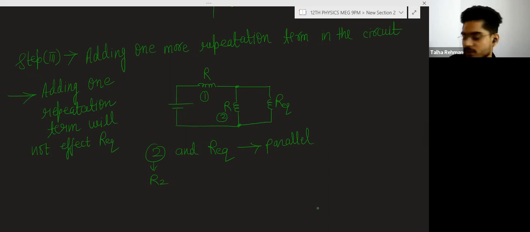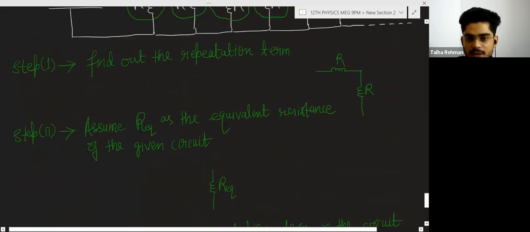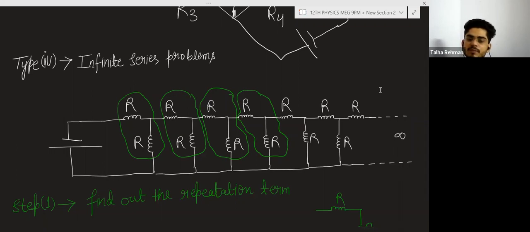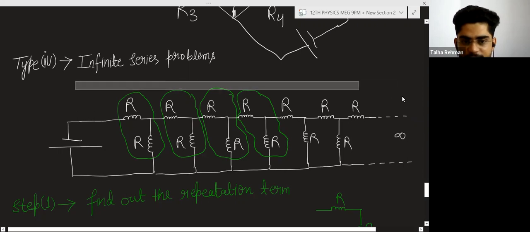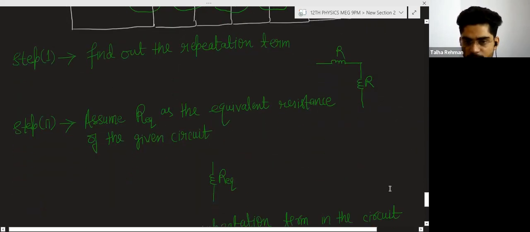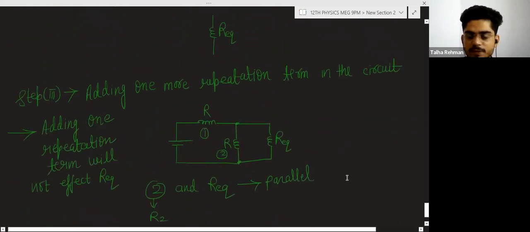If there are infinite repetition terms connected, this is an infinitely long resistance circuit.